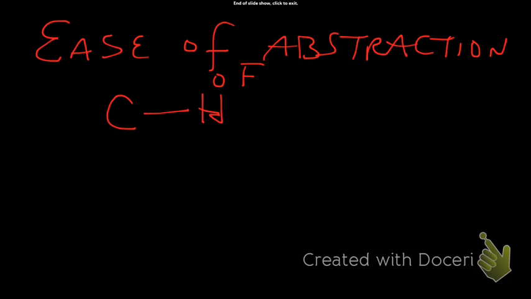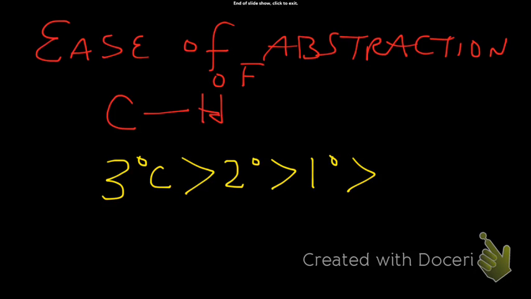The order goes: a tertiary carbon is easier to pull off its hydrogen than the secondary, then the primary, and the hardest one is that methyl hydrogen. So I'm going to draw it like that once again.